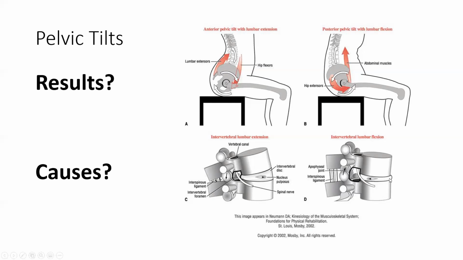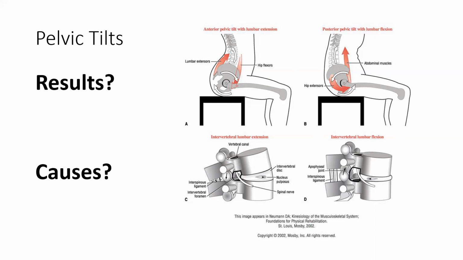compression on the anterior side of the disc in between each of those vertebrae, which can cause some protrusion of that intervertebral disc posteriorly, where the spinal cord is and where those spinal nerves are moving out of the intervertebral foramen.